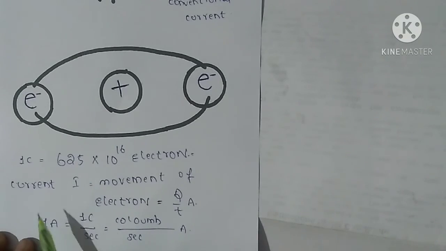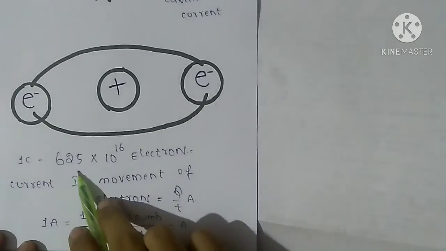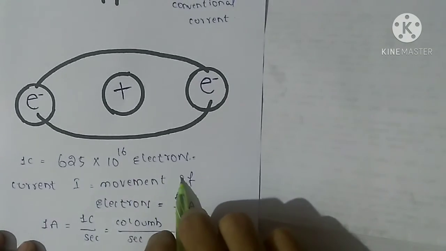So here we can see the current is the movement of electrons per second. Actually, 1 ampere of current means 1 coulomb of charge per second. So what is a charge? Here the question arises. 1 coulomb of charge is equal to 6.25 × 10^18 electrons.